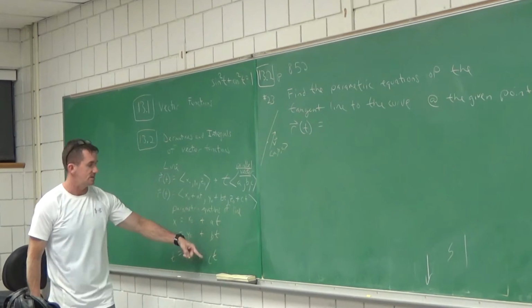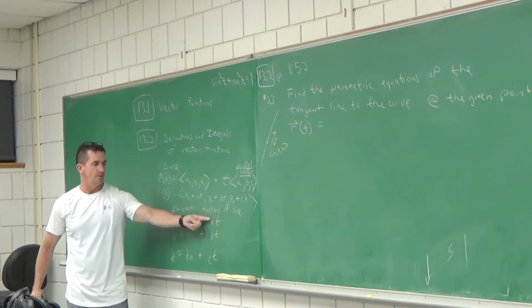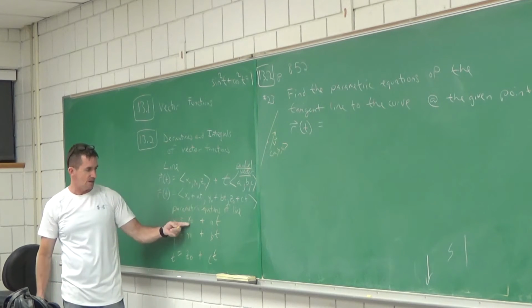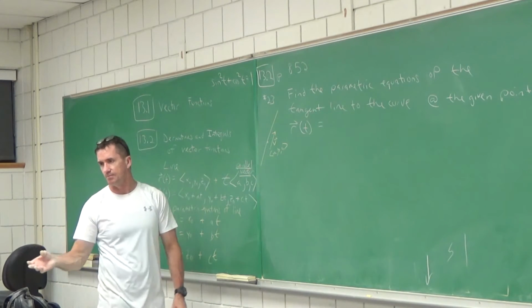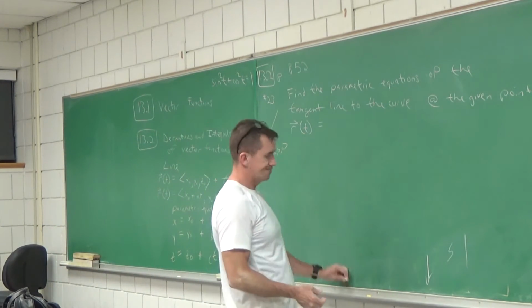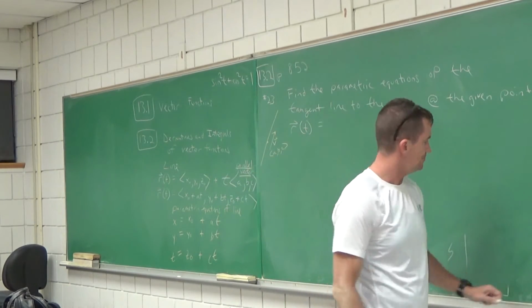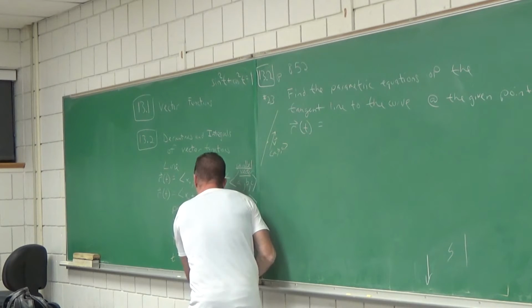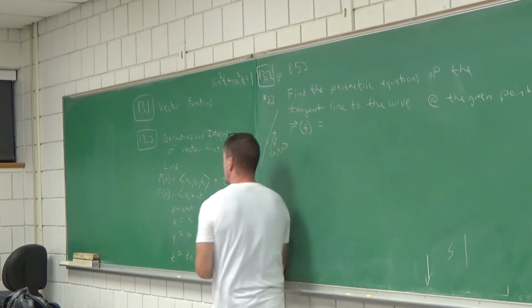The a, b, and c. This ABC is the parallel vector. This x naught, y naught, z naught is just the point on it that they're talking about. Cool. But the key is these numbers right here will be the parallel vector.